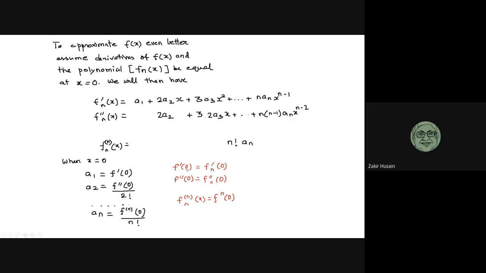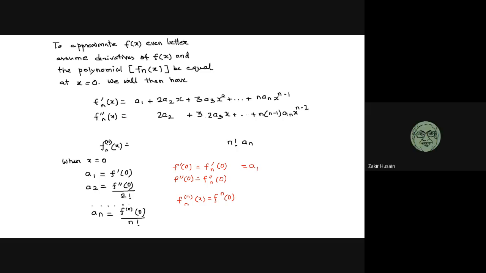Okay, so over here, f prime 0 is equal to this one. So what is f prime 0? It is equal to this. Now put x equal to 0 over here. All the terms will disappear, so you will only have a1.